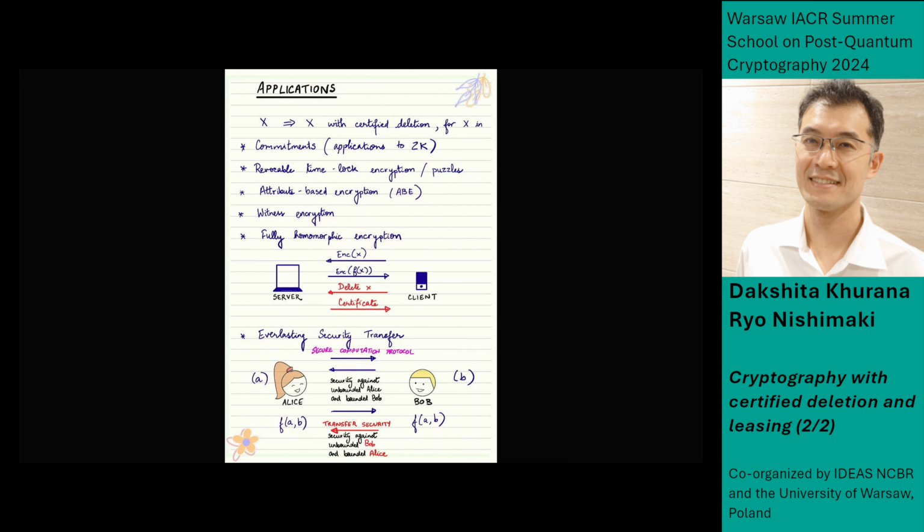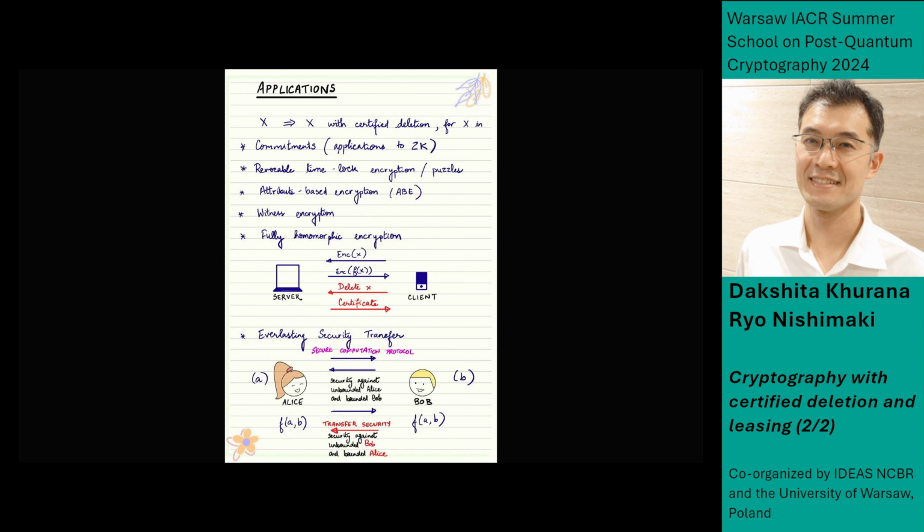We cannot guarantee information theoretic security for both security notions. It is impossible. But by using the technique introduced in this talk, we can achieve something between computational security and information theoretic security.